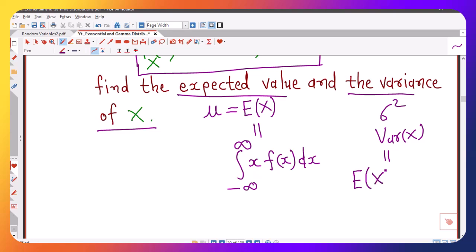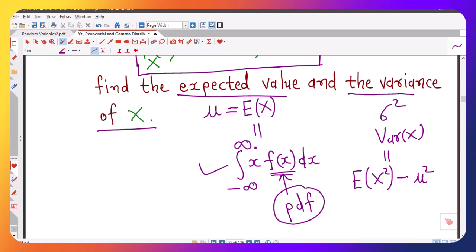We have to find out expected value of X square minus square of mean of this random variable X. So we can use these two formulas if we are familiar with the probability density function, which is shortly known as PDF, of a random variable X. If PDF is given, then we can find out mean and variance of given random variable.